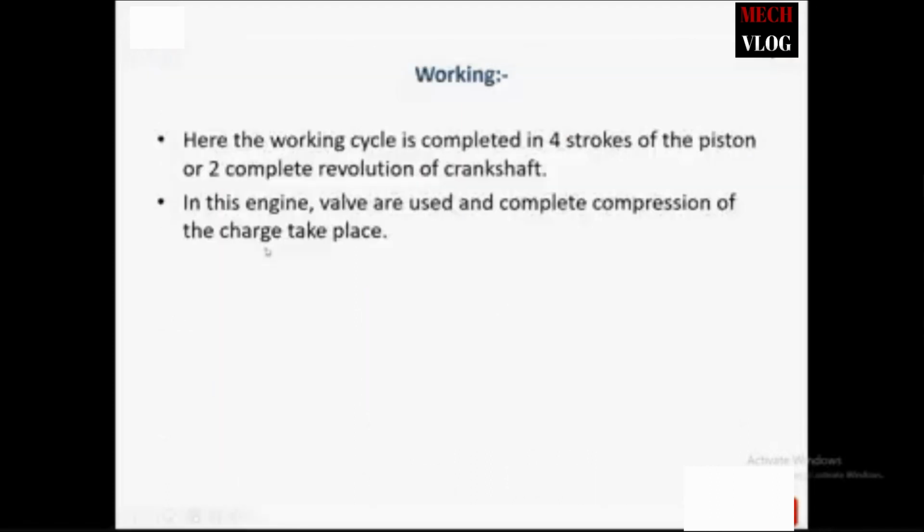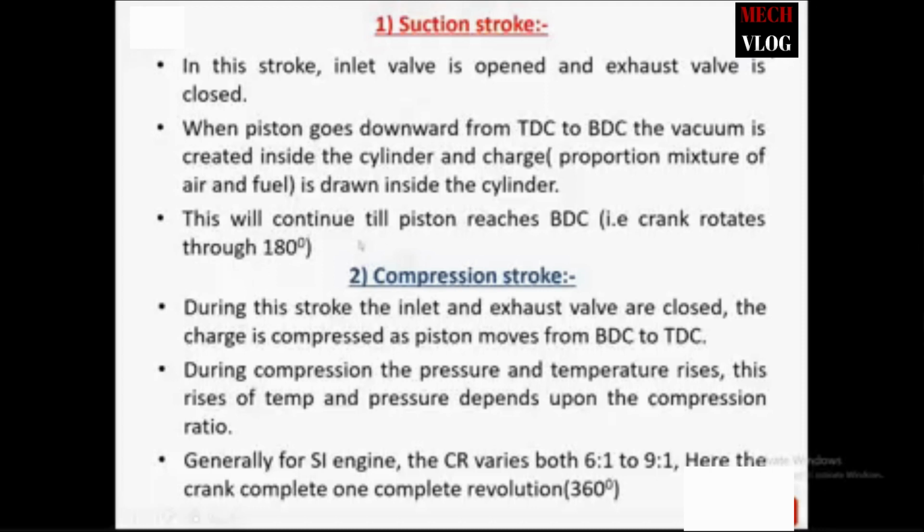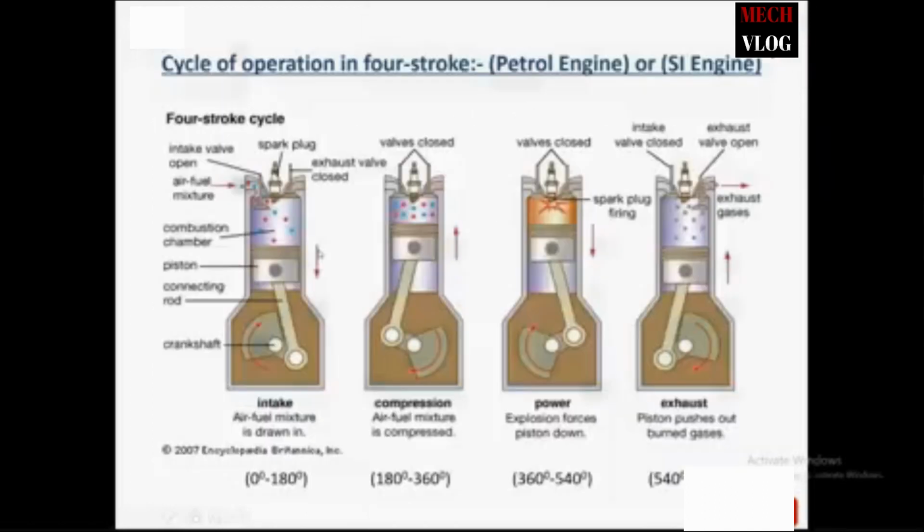This continues until the piston reaches bottom dead center. That is, the crank rotates through 180 degrees. That means the crank has completed one half rotation, that is 0 to 180 degrees. So this is called the suction stroke.